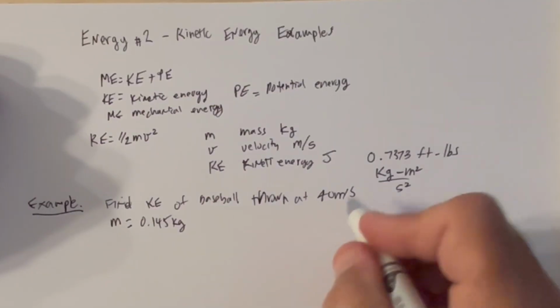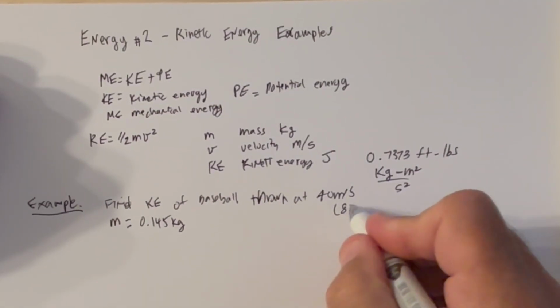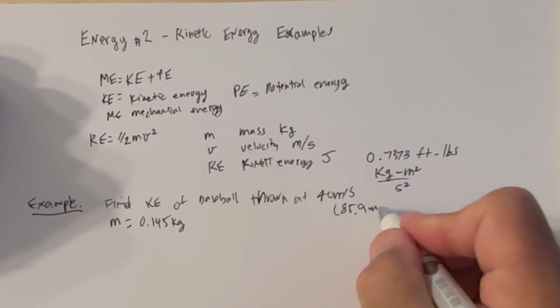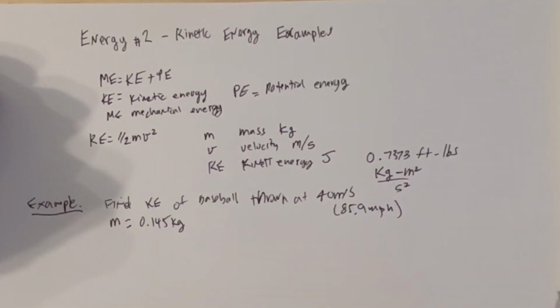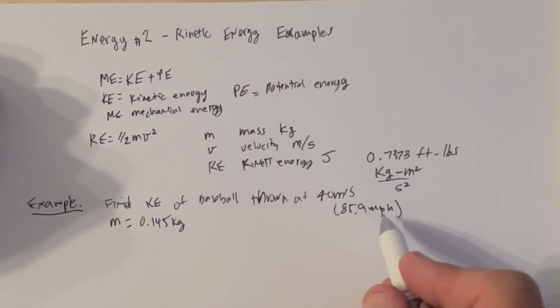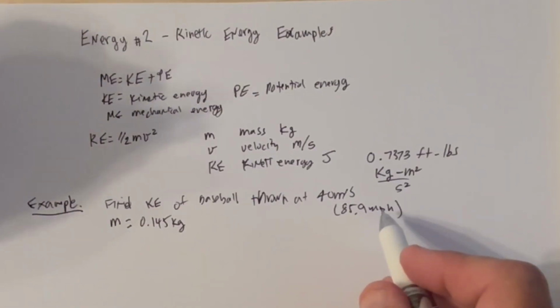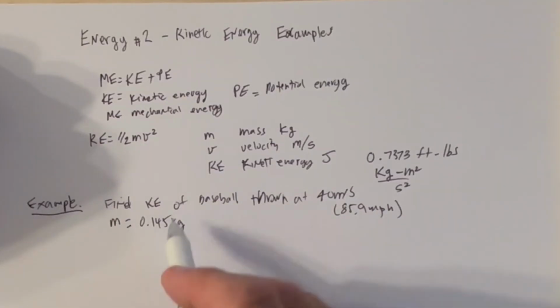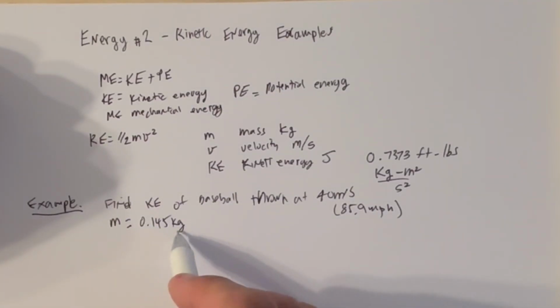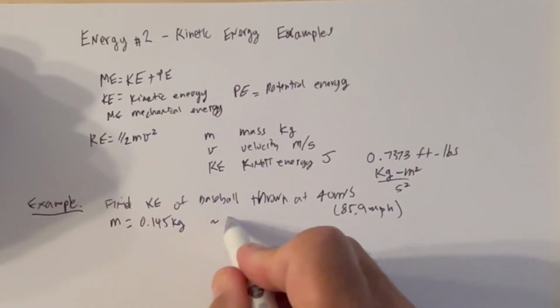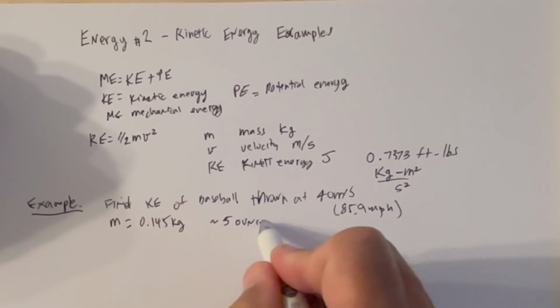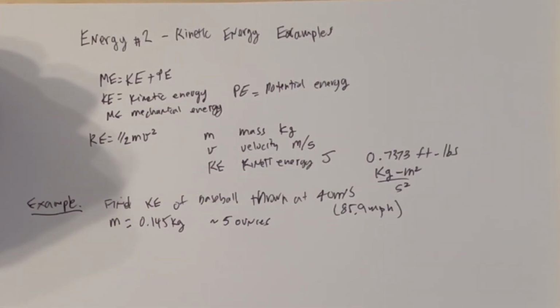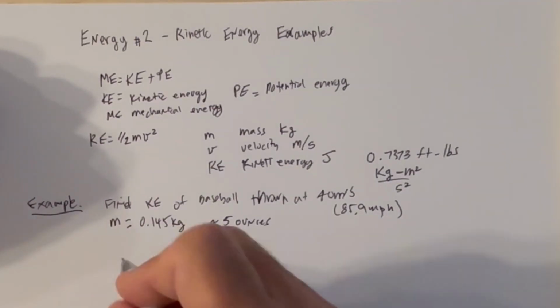On a baseball, 40 meters per second roughly works out to 85.9 miles per hour in the English system, which would be a regular pitch in Major League Baseball. And 0.0145 kilograms works out to around 5 ounces, so that is a standard baseball. So we're throwing a standard baseball on a regular pitch in a Major League Baseball game.